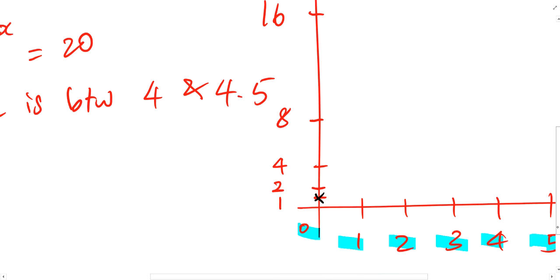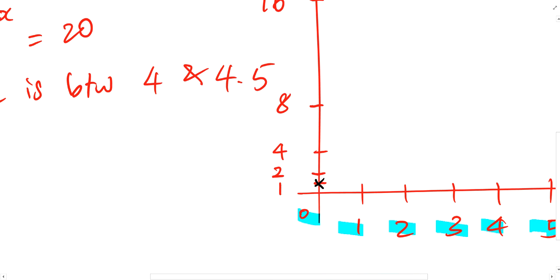Y-intercept is 1. Okay. Next, when x equals 1, y equals 2. So over here. When x equals 2, y equals 4. So this is what we have.